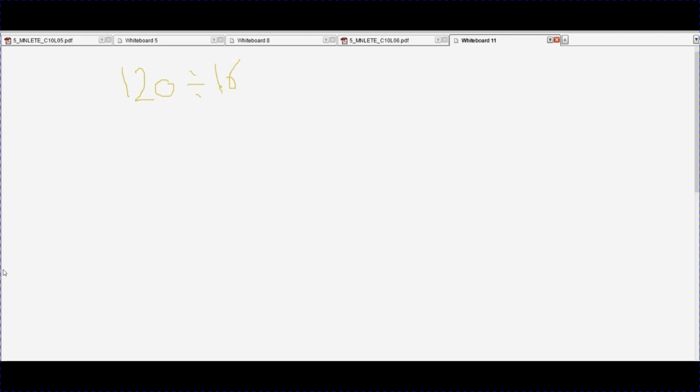In the same way, if you want to multiply, you have to multiply by 1/16. But the easiest way is to divide. So let's divide it by using long division.